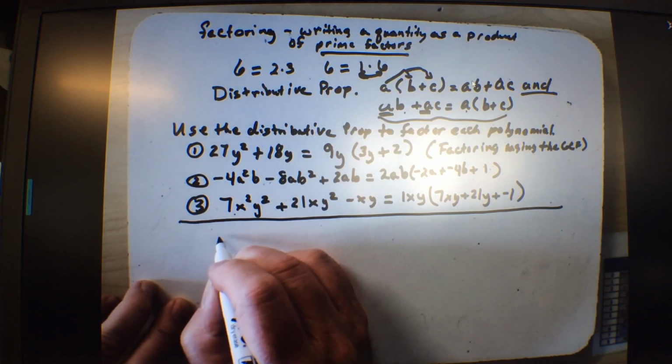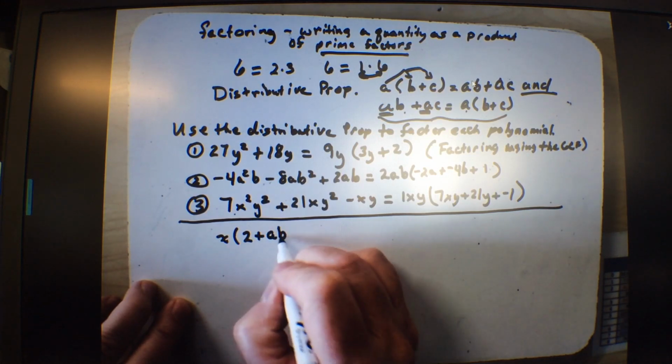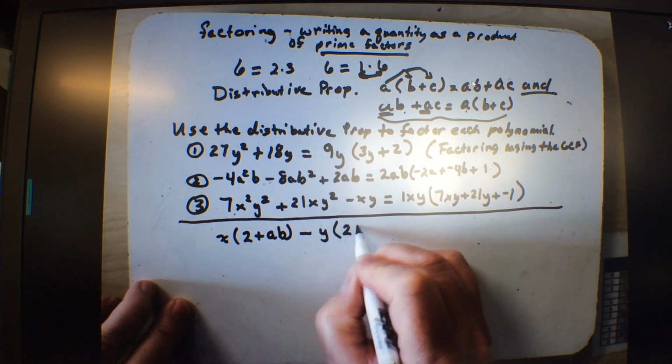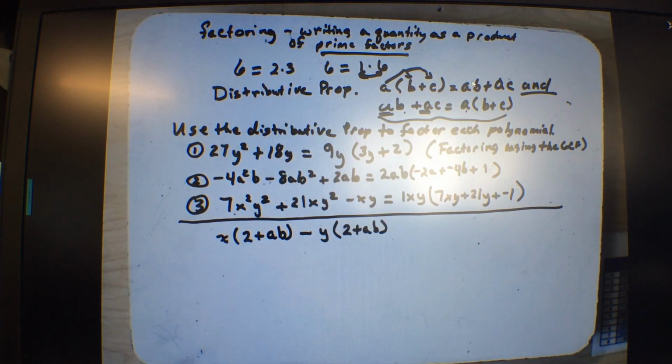Let's say that I had x times (2 plus ab) minus y times (2 plus ab). All right? Now my question to you is, how many terms are there? Be careful. Brian.